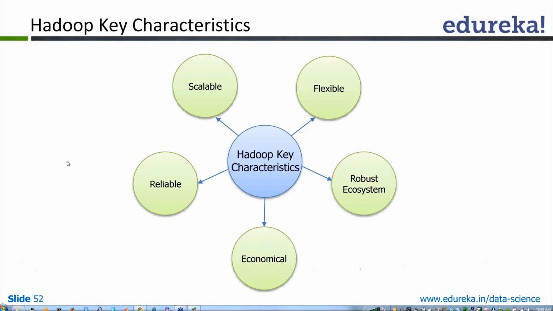There are many ways in which a particular system can crash, right? So even in the presence of those failures, the Hadoop framework is able to operate on that entire data without any loss of information. Okay, that's the reliability aspect. And it's also called fault tolerance.